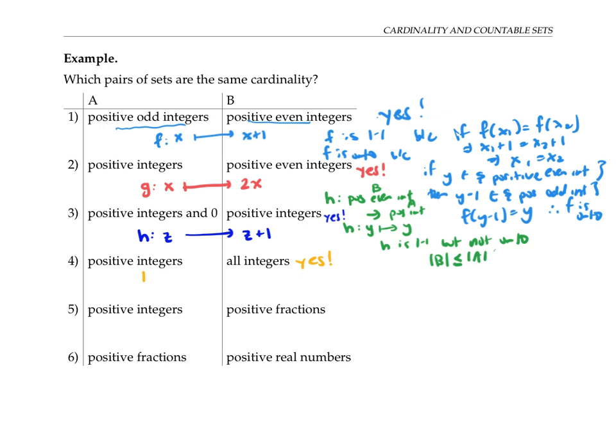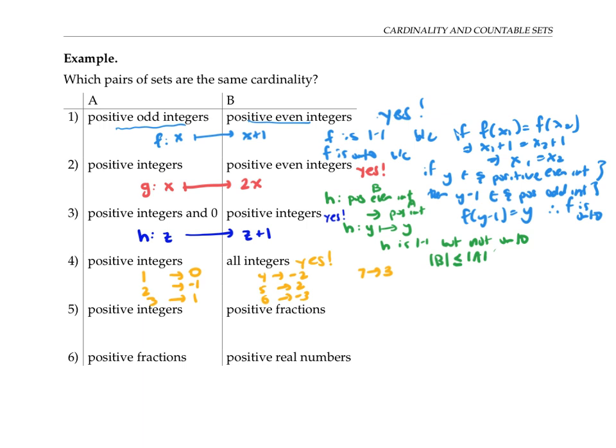We take 1 and send it to 0, 2 and send it to -1, 3 and send it to 1, 4 and send it to -2, 5 to 2, 6 to -3, 7 to 3, and so on, alternating between negative and positive numbers. Although it's possible to put a somewhat complicated formula to this, like we did to the previous bijections, it's not necessary in order to show that the bijection exists and is one-to-one and onto.